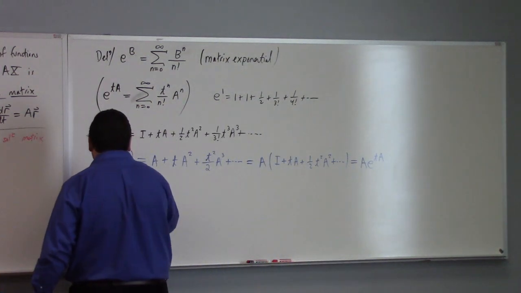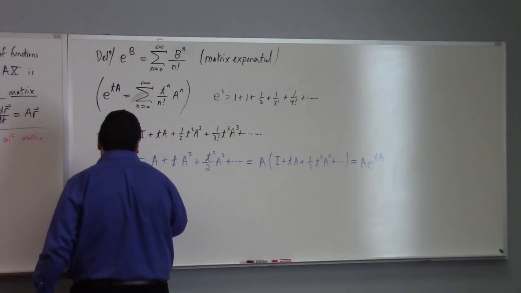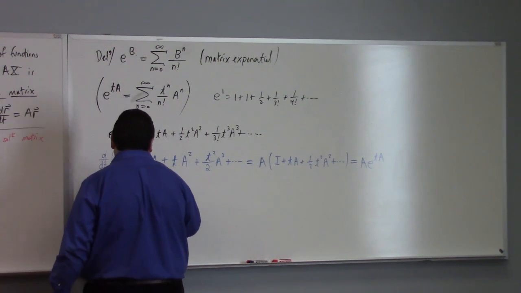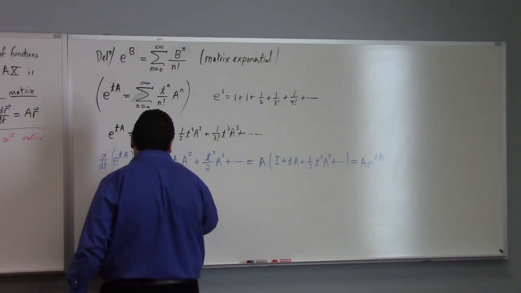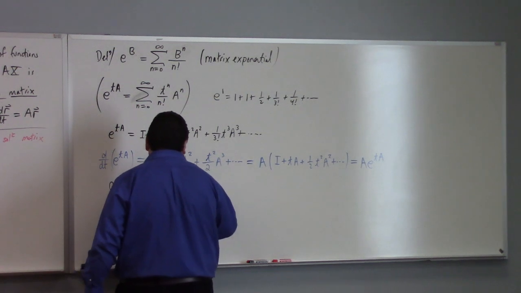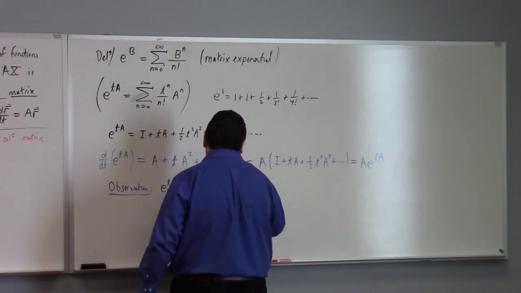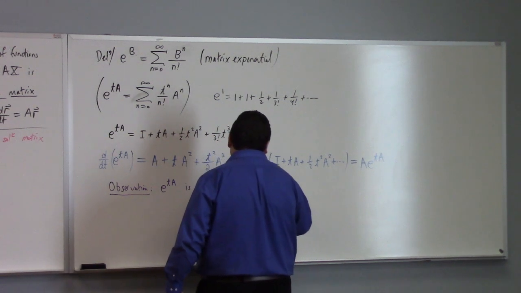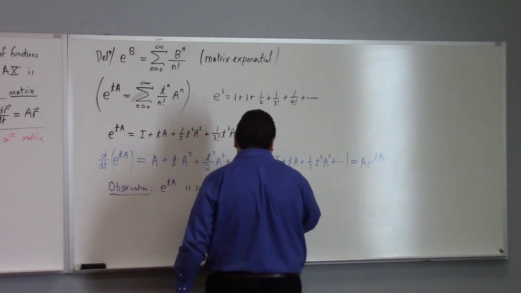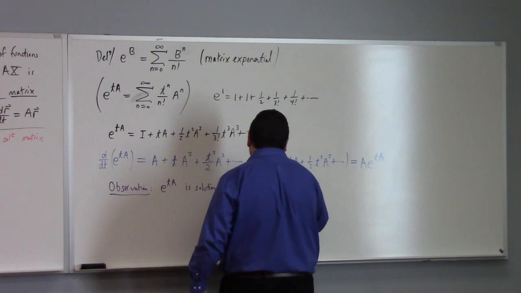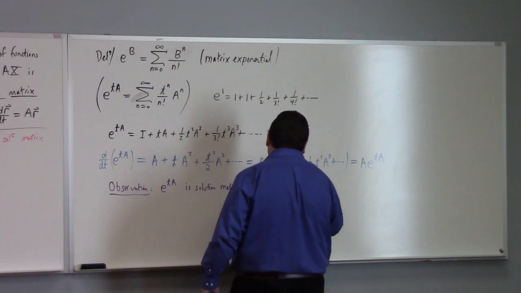So observation: e to the TA is a solution matrix for dx/dt equals Ax.